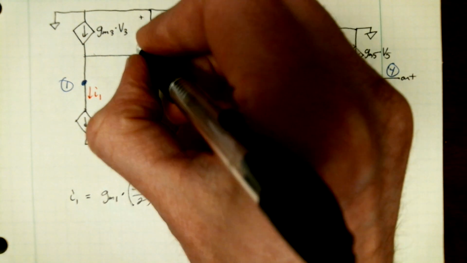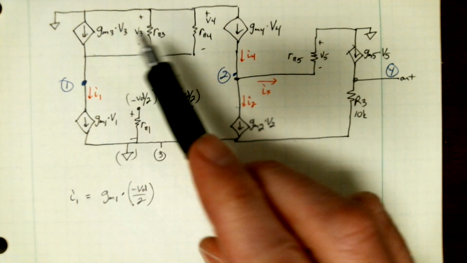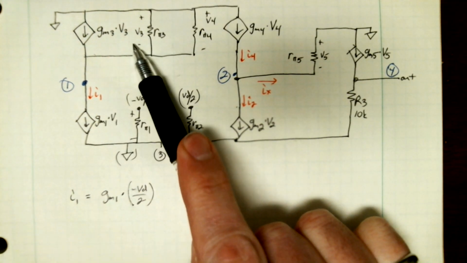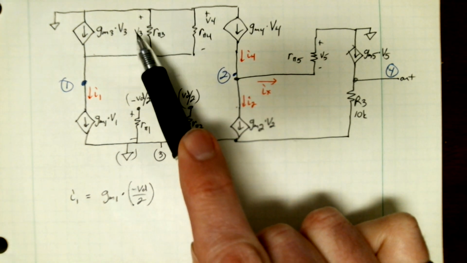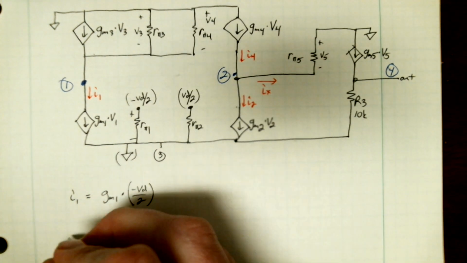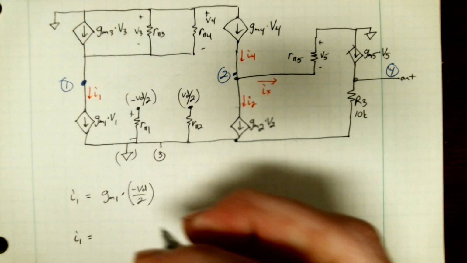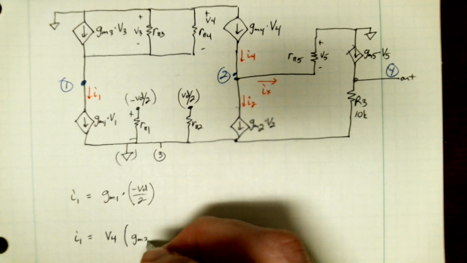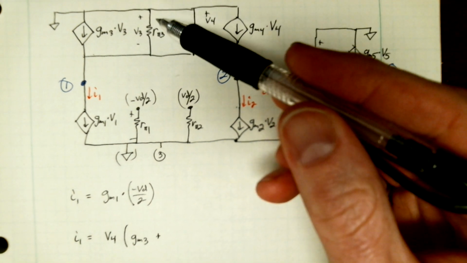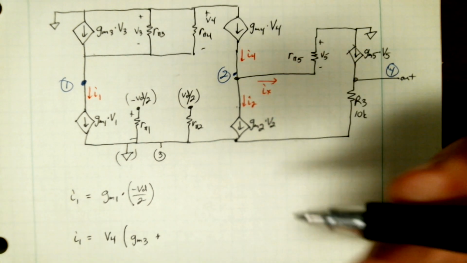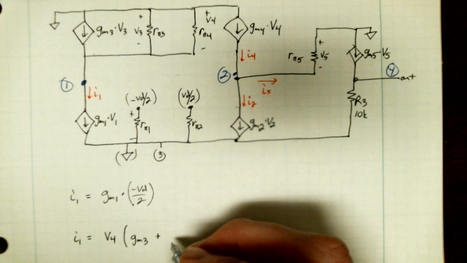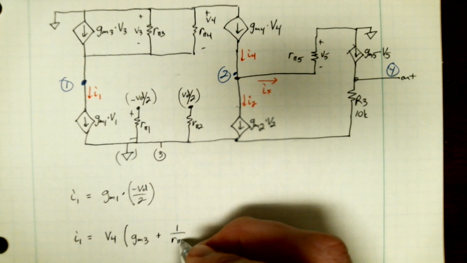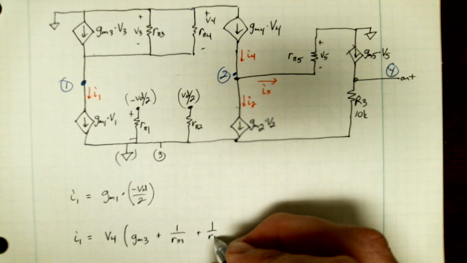Remember, this one is V3. This is a current mirror. My notes say V4, 3 currents here. So I'm going to say also I1, factor out V4, is GM3 plus 1 over R pi 3 and 1 over R pi 4.